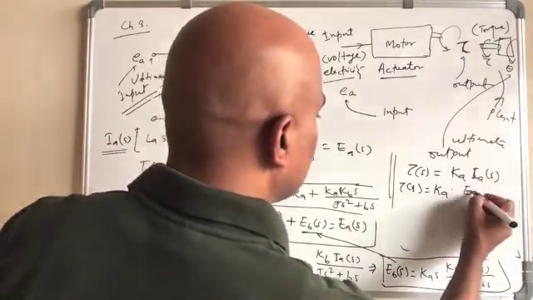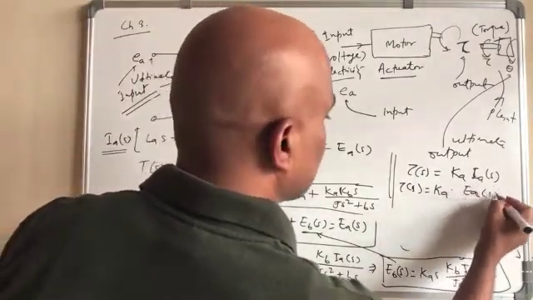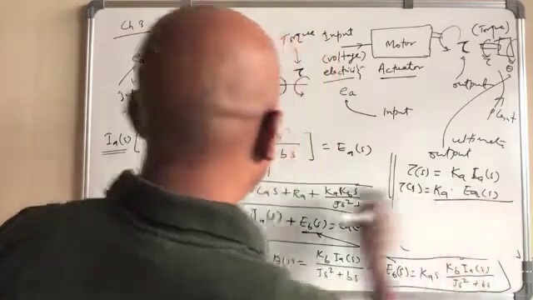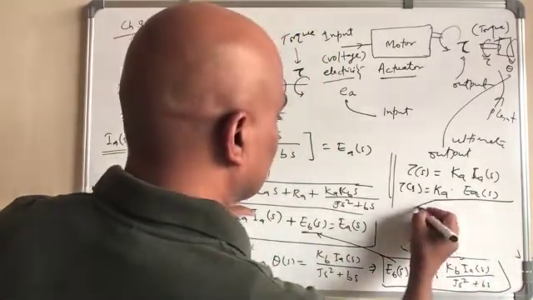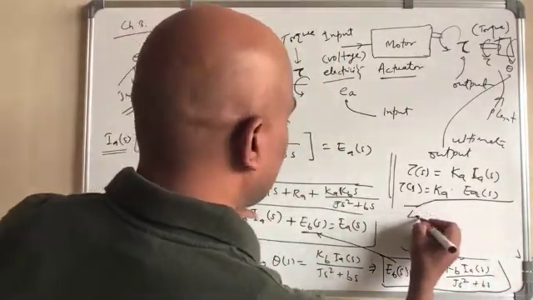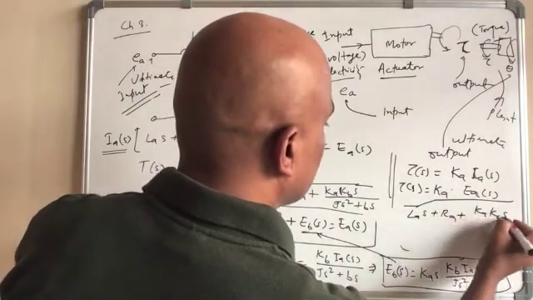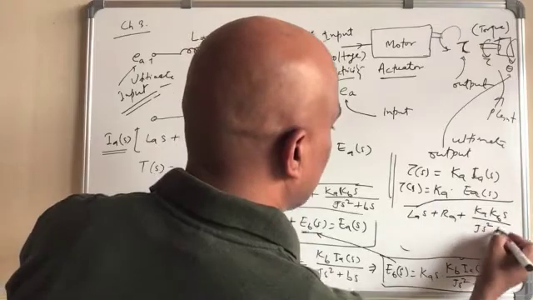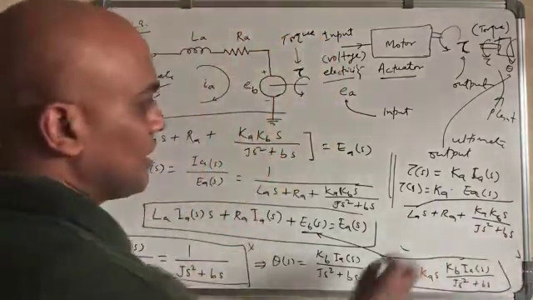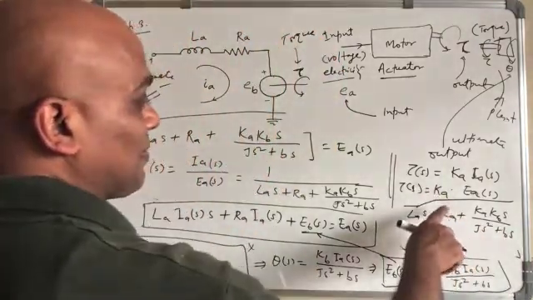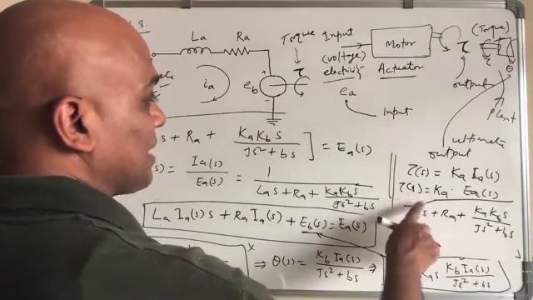So IAS is given by EAS divided by the whole thing. What do we have? We have LAS plus RA plus KA KBS divided by JS square plus BS.